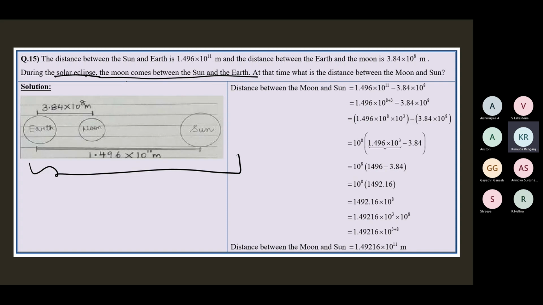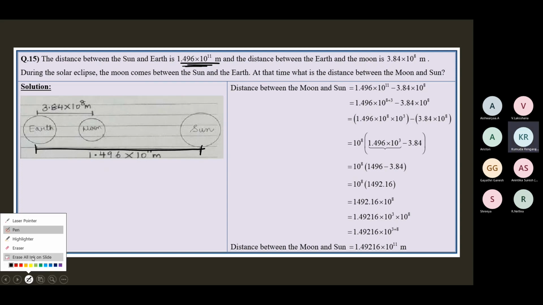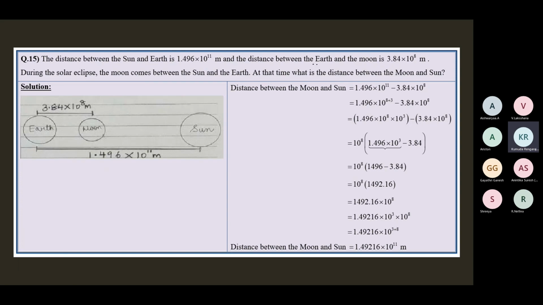Now let's represent the distance here. The distance between the sun and the earth, this distance I've marked here. And the distance between the earth and moon.